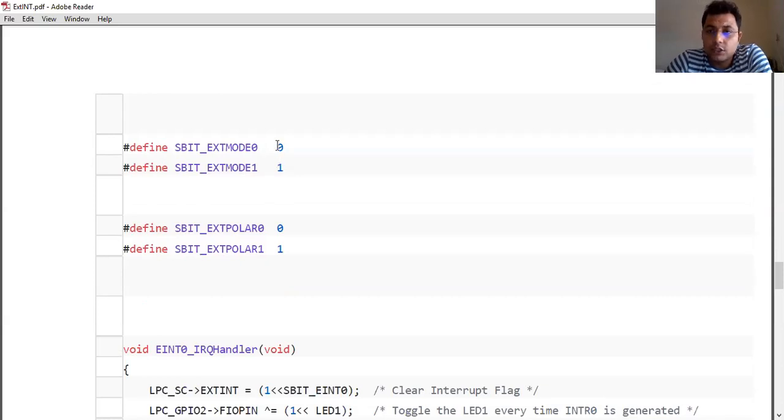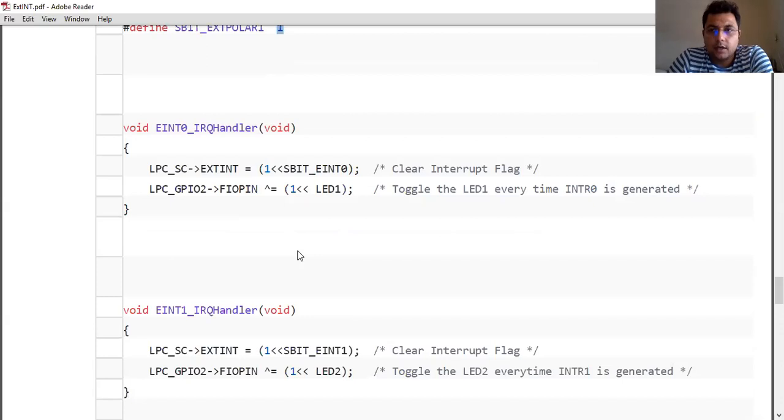Because 0 is why? Because we are using external interrupt 0. These will be used for putting the exact value which we want to write in the corresponding register, the external mode register. We want to deal with the 0th position and the first position, likewise the 0th position and the first position in the polarity also.